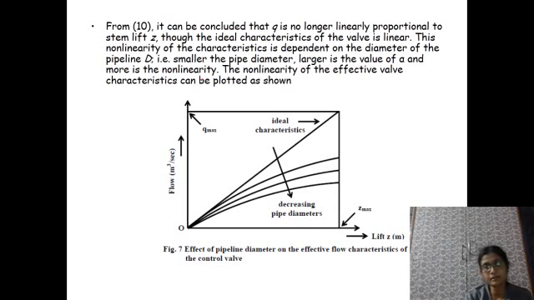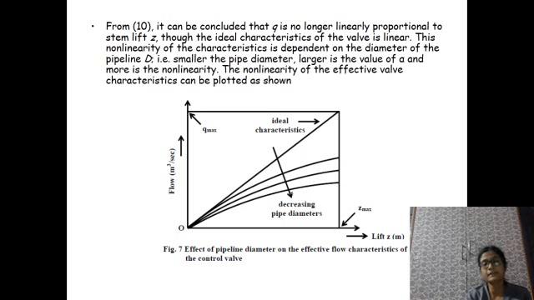Just get clear about this concept: even though the ideal characteristic was linear, due to the effect of real systems, due to other attachments in the fluid flow path, the fluid flow characteristic becomes non-linear, and the non-linearity of the effective valve characteristic is like that.